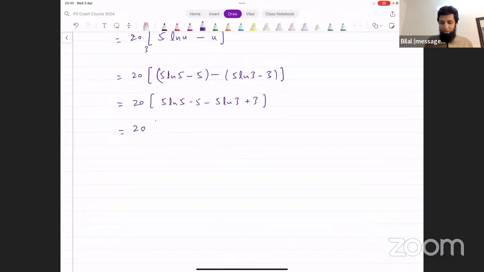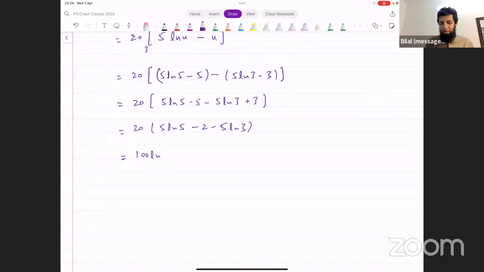So how can you do that? 5 ln 5 and 5 ln 3. We could take 5 common from these as well. You can actually just multiply this inside first. I'm going to have to do some simplification. So this becomes 5 ln 5 minus 2 minus 5 ln 3. If we multiply 20 inside, that gives us 20 into 5.